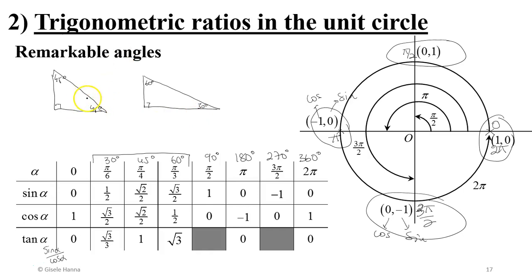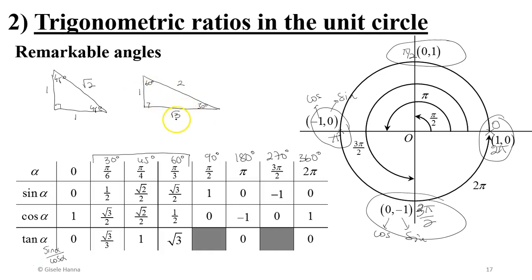So over here all you have to do is just remember these. If this is 1 and this is 1, the hypotenuse would be square root of 2 because of Pythagoras. And then if I had this to be 2 and this to be 1, then this would in fact be square root of 3, because 4 minus 1 is 3.